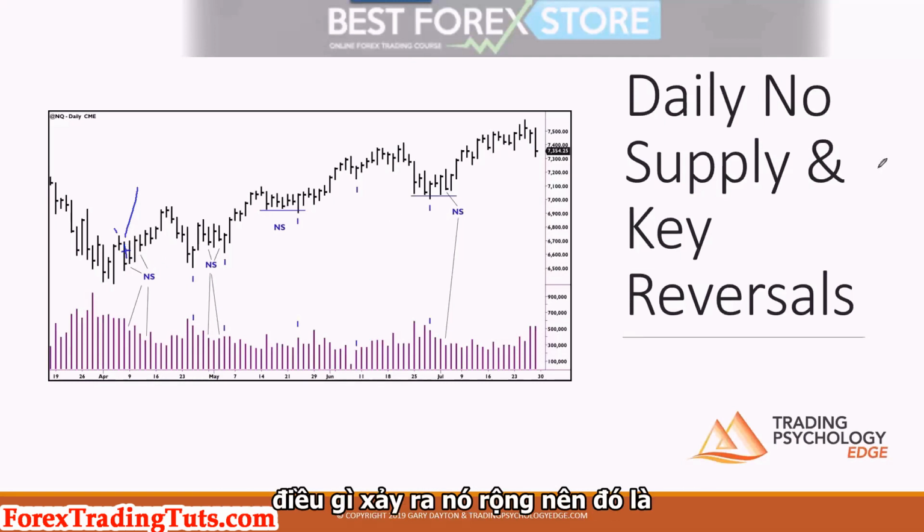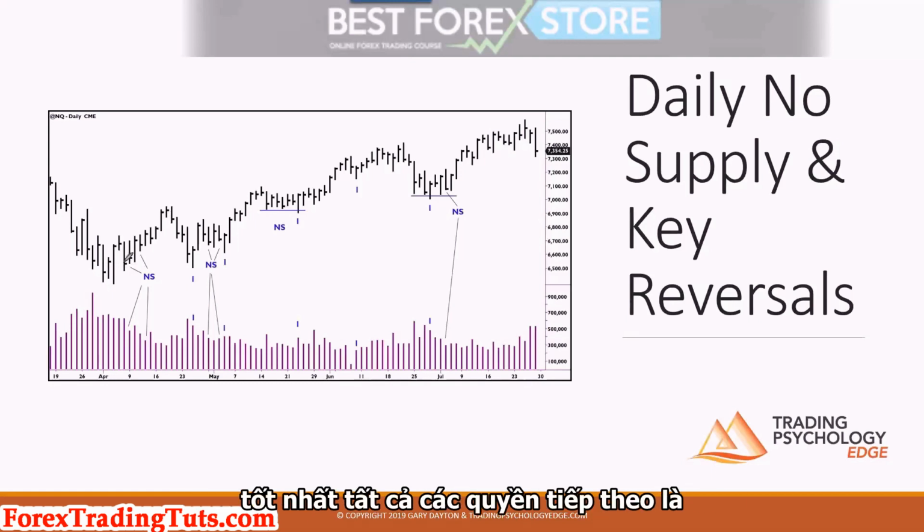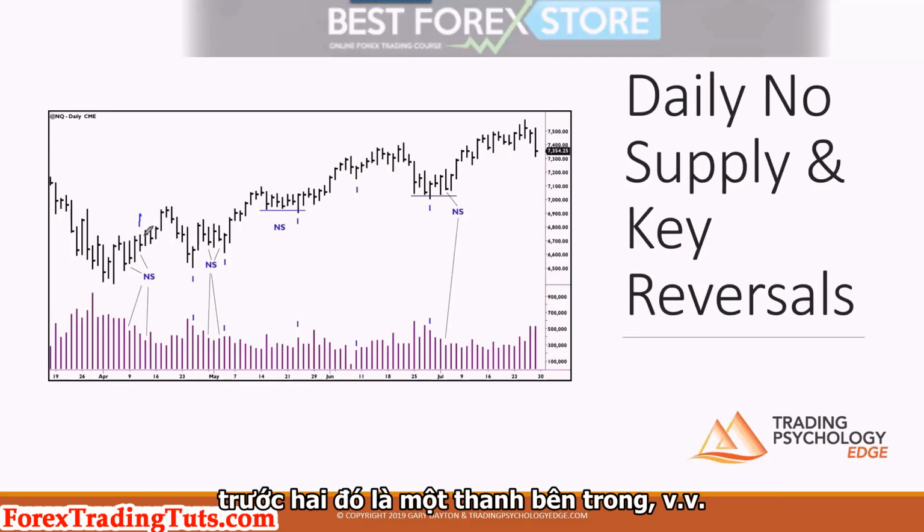But that's not what happens. It's wide. So that's actually it. There's no selling there on that bar, but in terms of an actual no supply bar, not the greatest. All right. The next one is pretty nice. That's a narrow range bar, closes on its lows, volume less than the prior two. It's an inside bar, and so on and so forth.